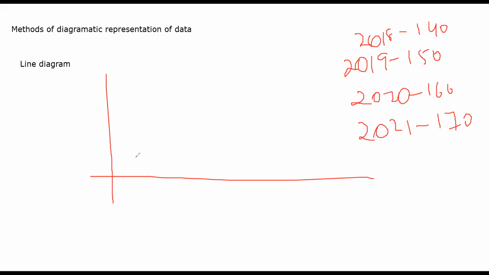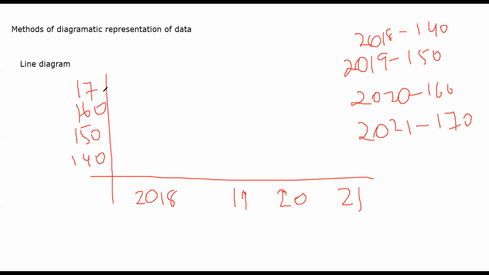Let's suppose we are putting 2018, 19, 20 and 21 like this, and we have different numbers on the right. Let's suppose we start off with 140, then 150, 160, 170.